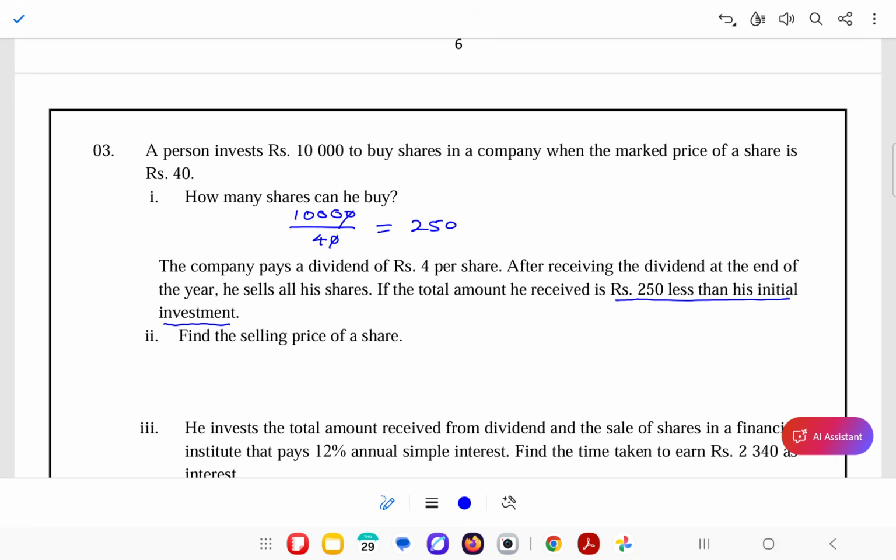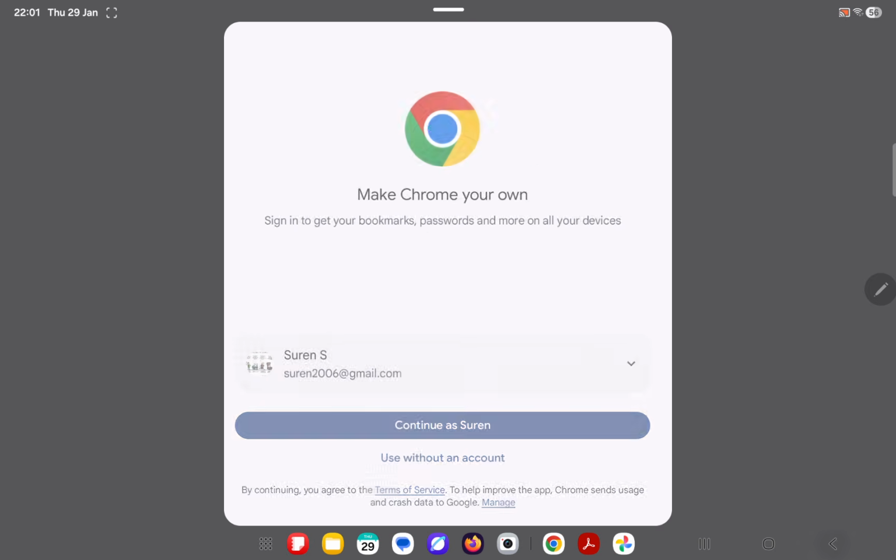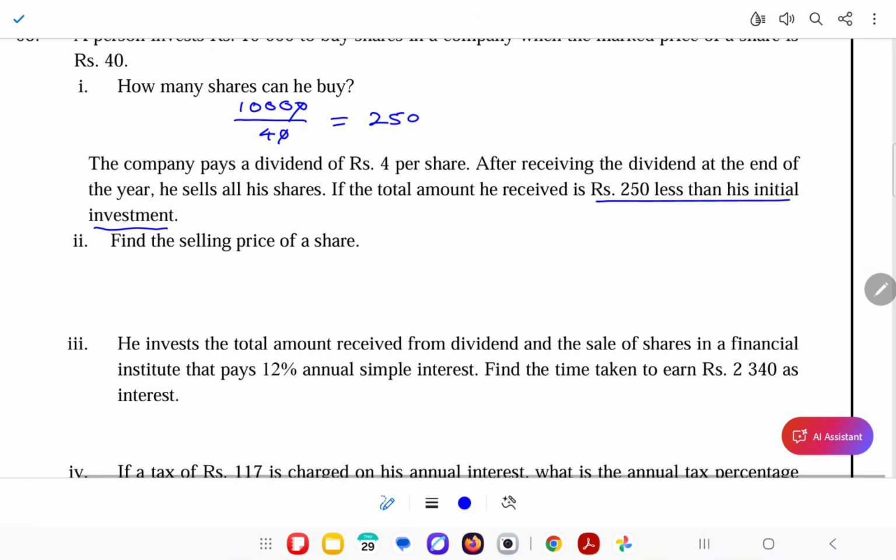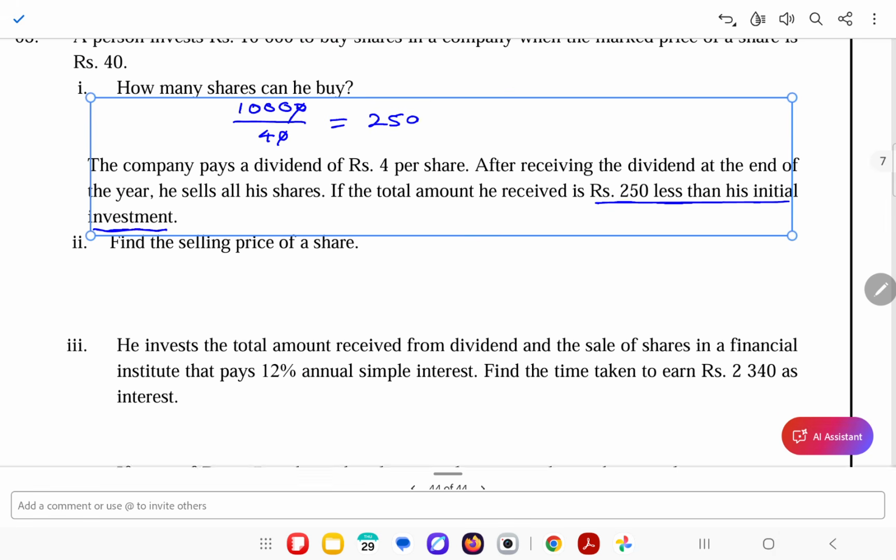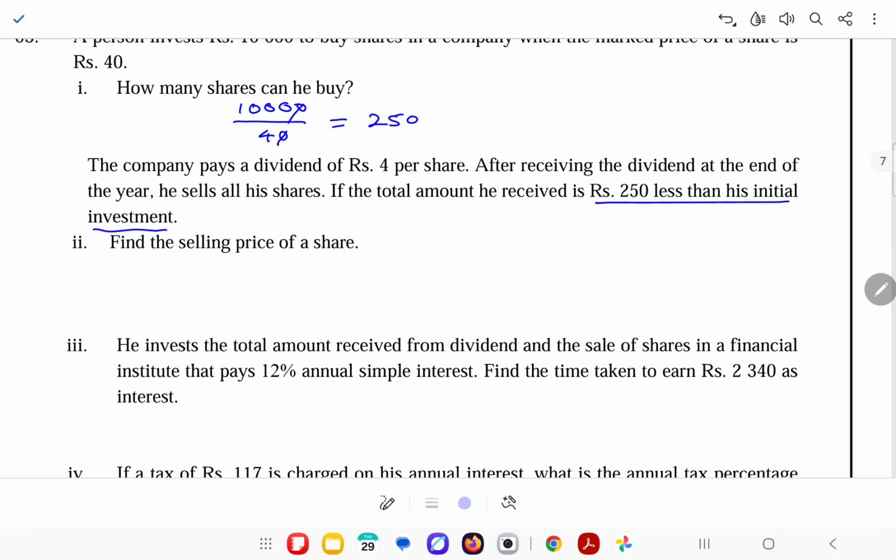So the total amount he received is what? 250 less than his initial. So 10,000 minus 250, total received is 9,750.